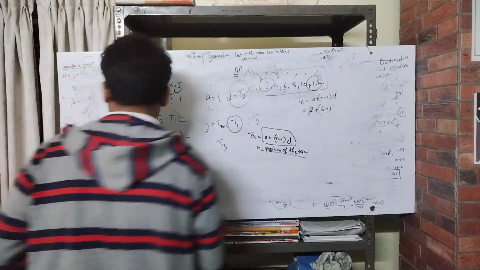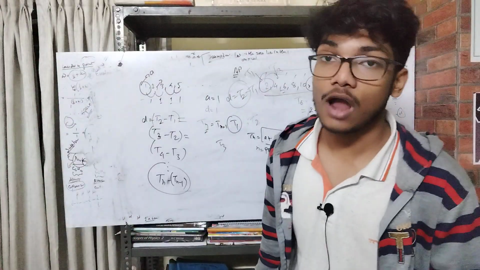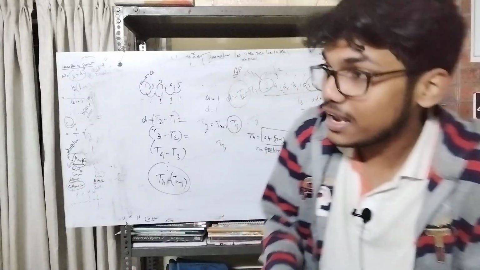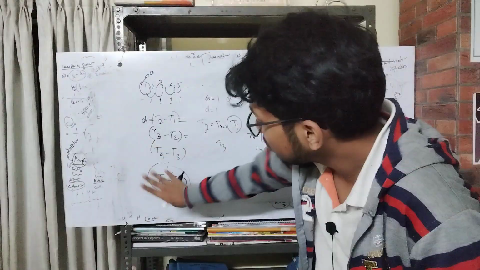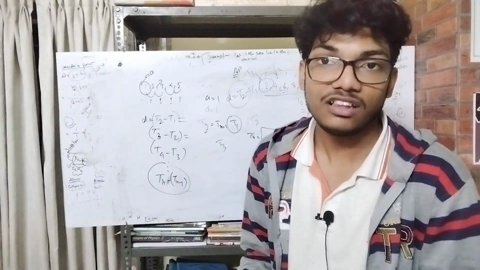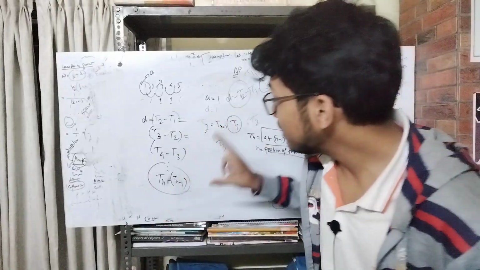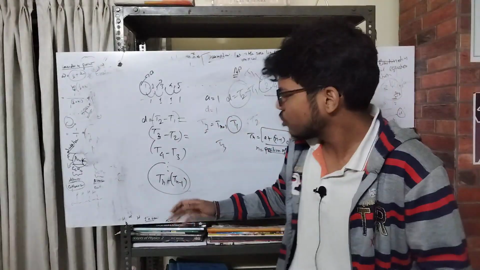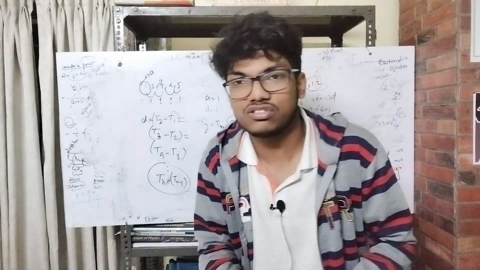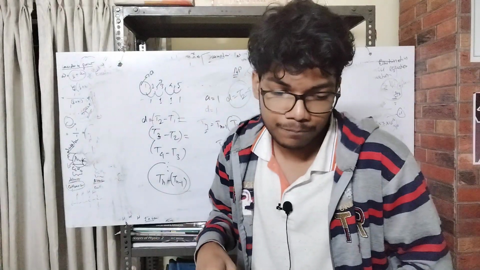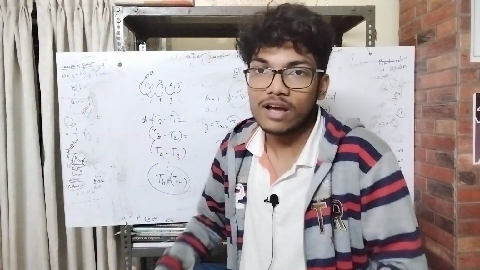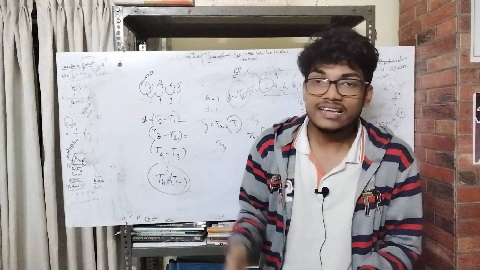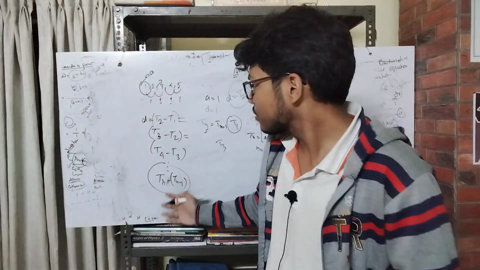So this is the general formula of d. If somebody asks you the general formula of d, we just say Tn minus T(n minus 1). You can't just use Tn and T1 this way, because why would the examiner give you Tn and T1? Nothing makes sense.